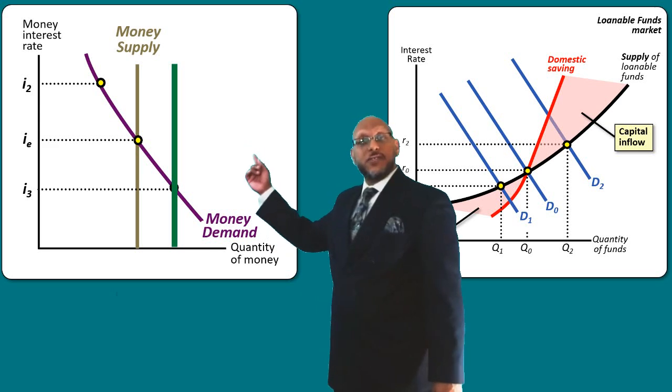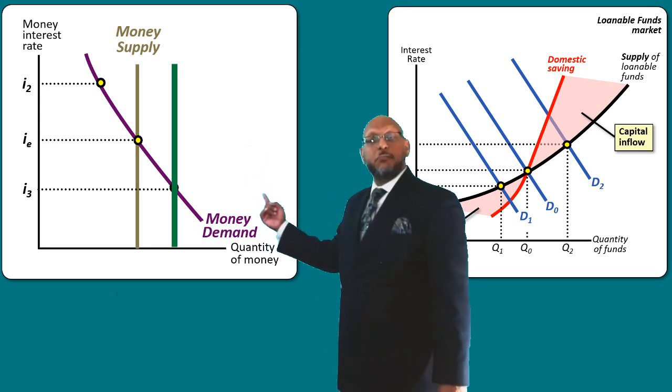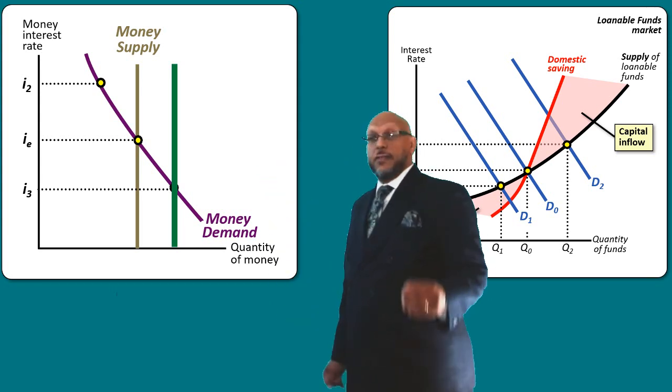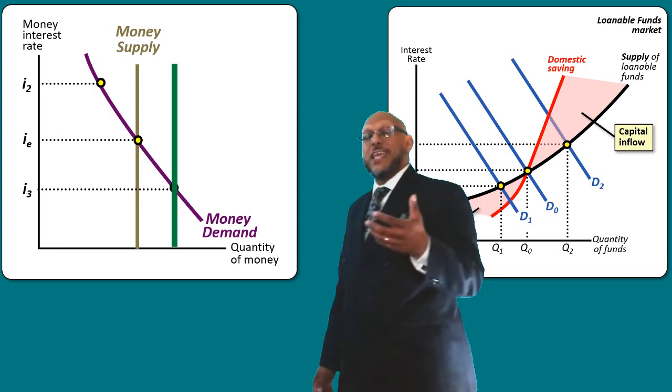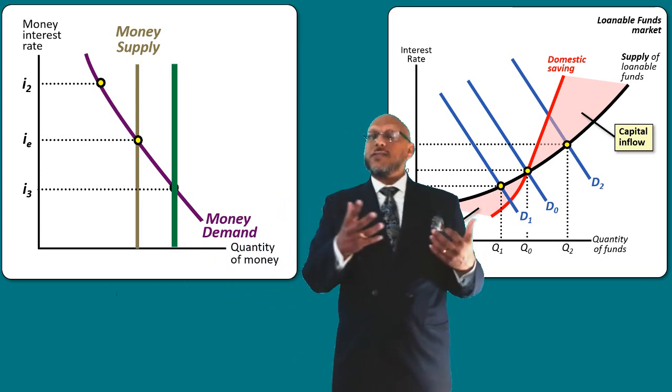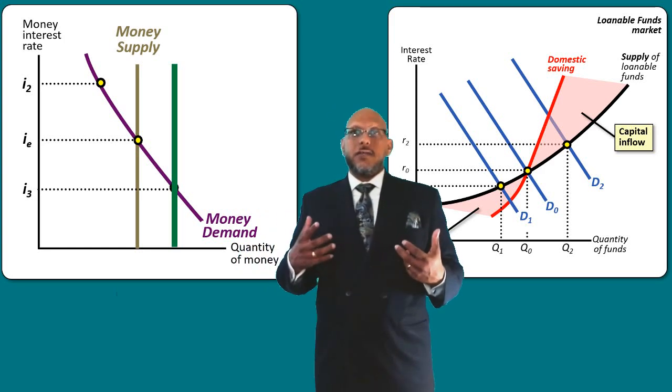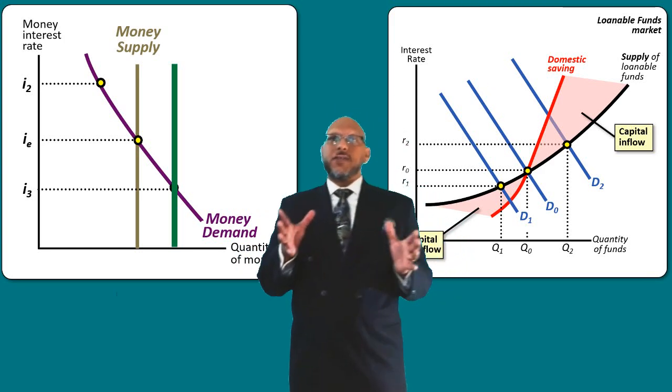If the interest rates are going down, we're going to borrow more money. But at the same time, we're going to take money out of our savings because our savings is not earning as much. So if the interest rates go down, two things are going to happen.